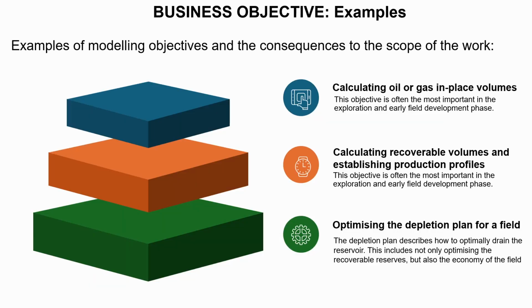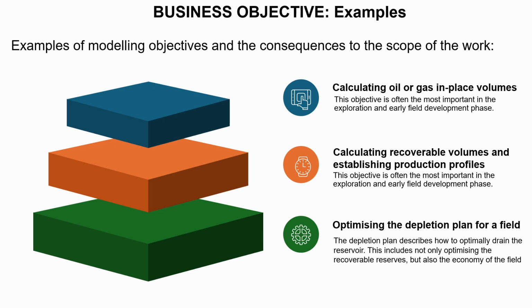Here we see typical objectives and their implications. If your goal is in-place volumes, then geometry, net to gross, porosity distribution, and contacts are central. If your goal is recoverable volumes and production profiles, then connectivity, permeability architecture, relative permeability assumptions, and uncertainty become more important.